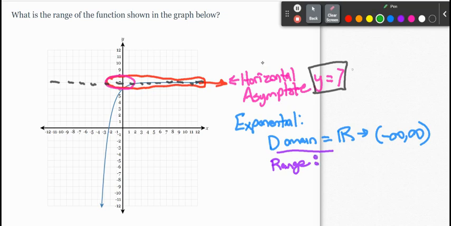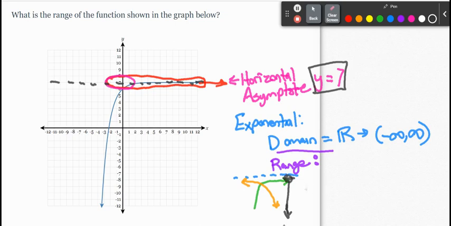There are the ones that look like this one. And there's two types. It can go up and sideways like so, or it can go from sideways and then head down from there. Both of these have a horizontal asymptote like this one. So if this is your case, then the range is going to be from down here at negative infinity up to your horizontal asymptote, but not touching it.